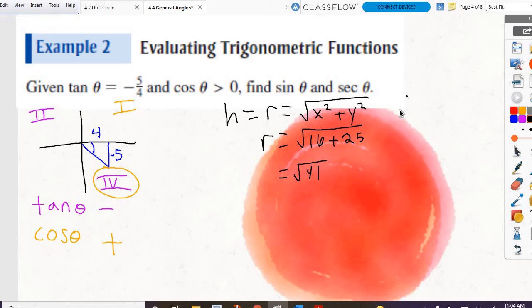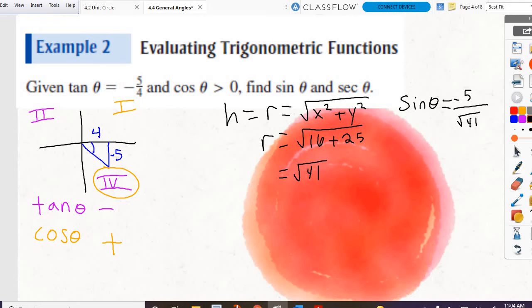So sine is going to be opposite over hypotenuse. So which one of our values is opposite? -5 over our hypotenuse, which we said is also our r, so the square root of 41. Do I want to leave it like that?